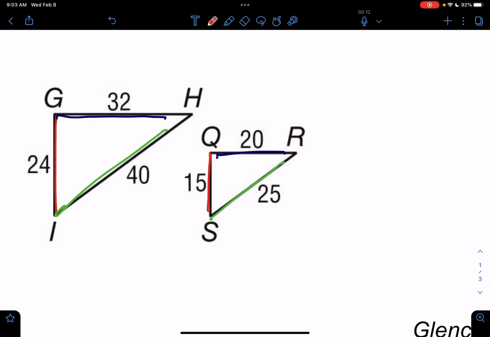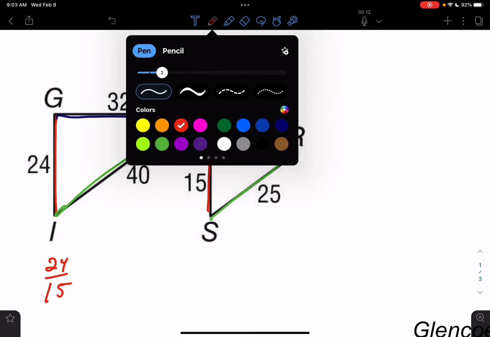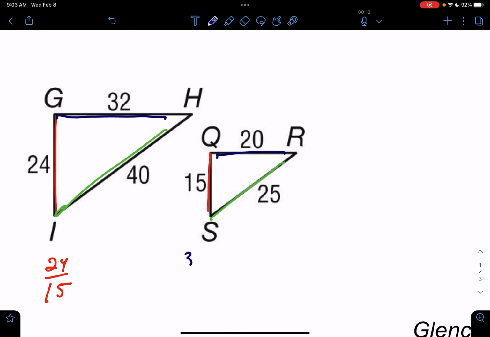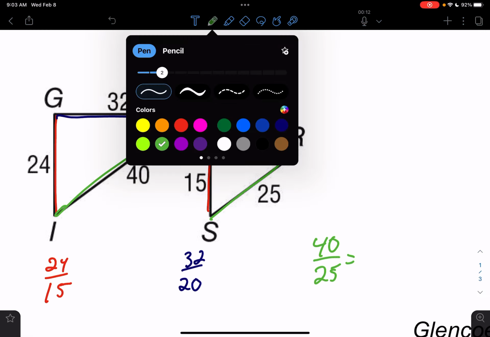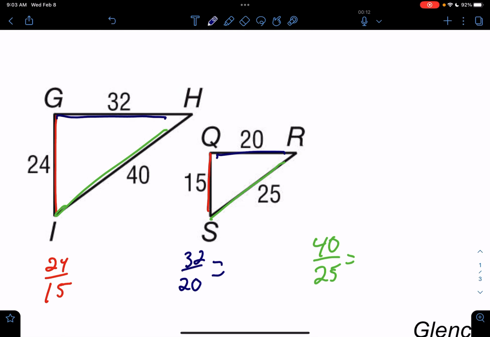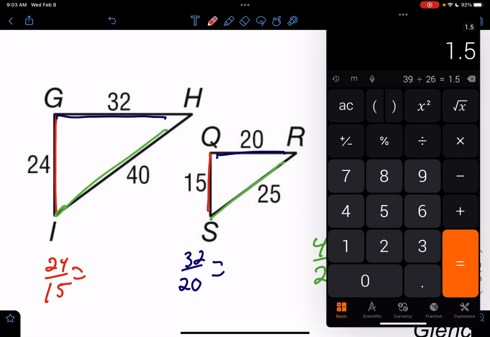And we begin and we say, okay, so 24 to 15, I will have to say 32 to 20, and then I will have to say 40 to 25. So let's see if all this holds, if they have the same proportion. If they all have the same proportion, then I will say yes, these two triangles are similar by SSS.